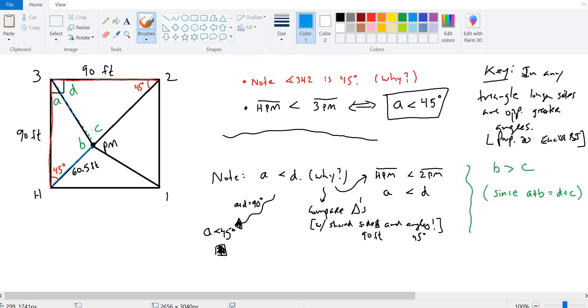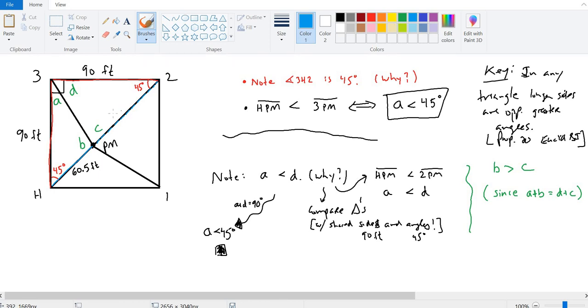Because the distance from the pitcher's mound to home is less than the distance from second to the pitcher's mound, if we compare the side opposite D and the side opposite A, they share the same side and angle, so we would be building that same side. Sorry about the dotted line here; we really are comparing these two.